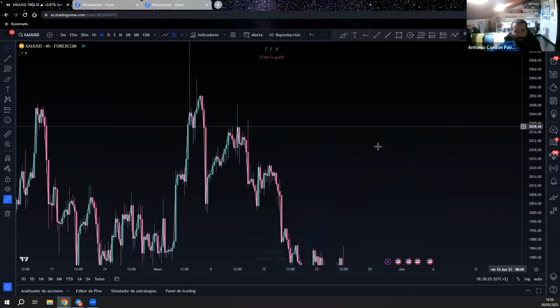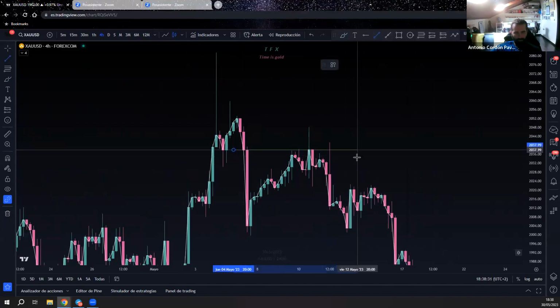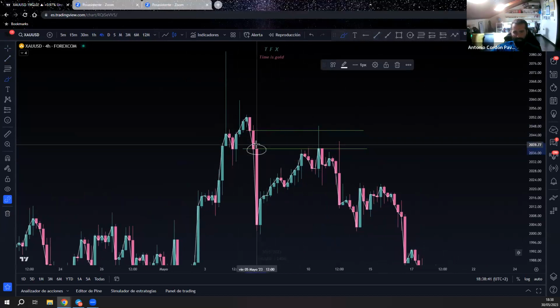Let's try to find an example. This is H4. In this area, we have this gap, and this gap. In this example, I found that this gap is the most important because it makes the break of this level.